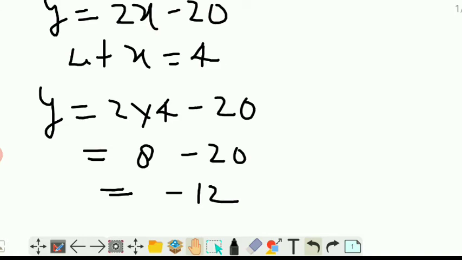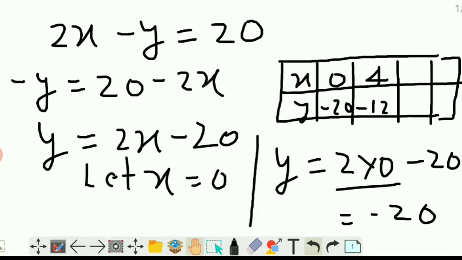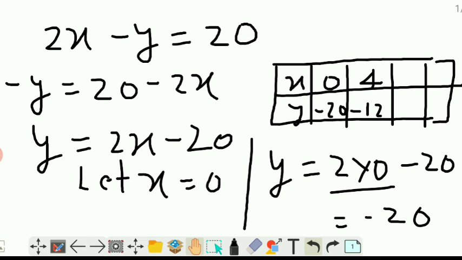Infinite number of values. Now see, in this one the first values are 0 comma minus 20, meaning x is 0 and y is minus 20, and here x is 4 and y is minus 12.